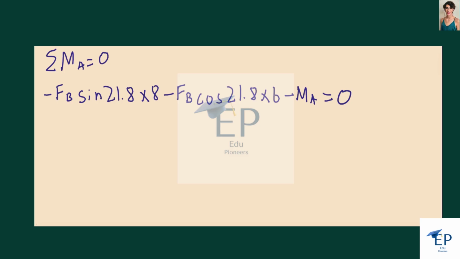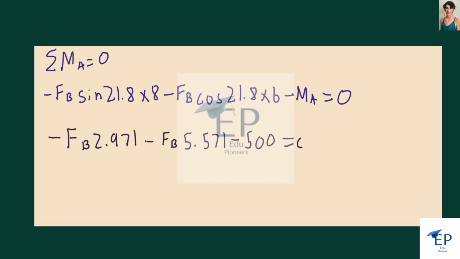So we can now plug in the known values, which will give us negative F of B times 2.971, minus F of B times 5.571, minus 500 is equal to 0.